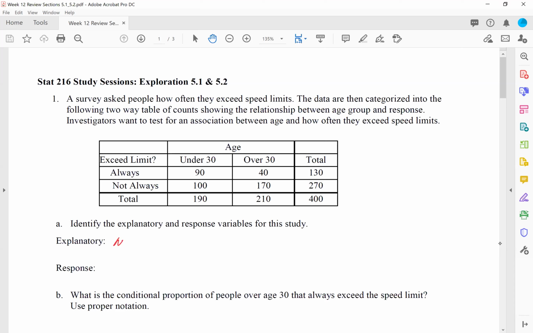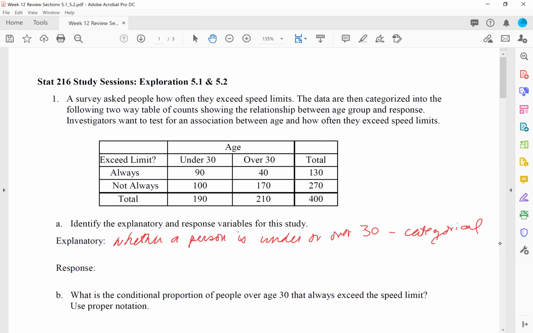Okay, so whether a person is under or over 30. And obviously the way this is set up, this is a categorical variable because we're categorizing into under or over 30.